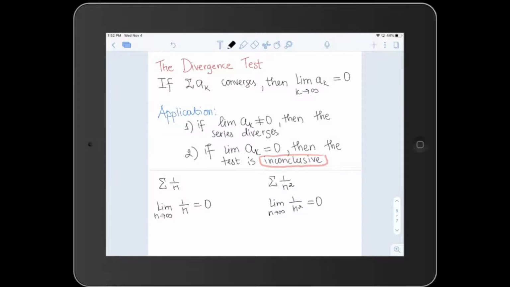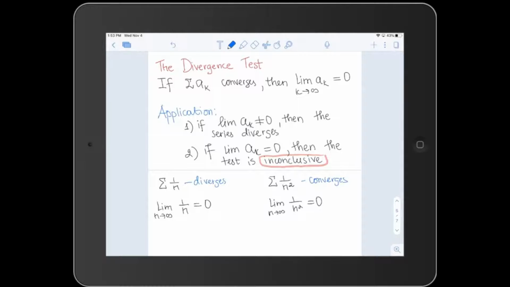So if we were to apply this test right here, the result would be inconclusive either way. Now we know that this one is divergent. This diverges. This converges. These are established results, but this is to show you that if you find your limit and the limit is 0, we cannot come up with a conclusion. It can be either way. We need to do a different test.